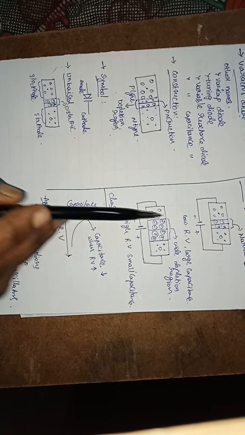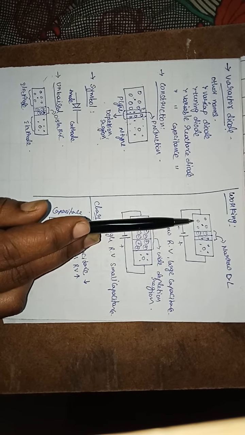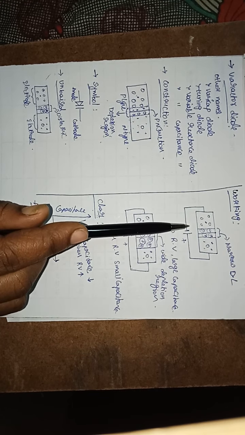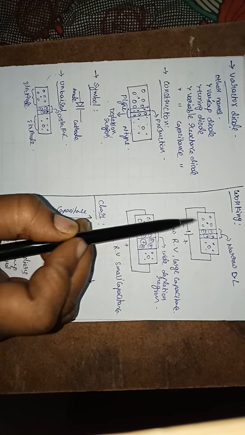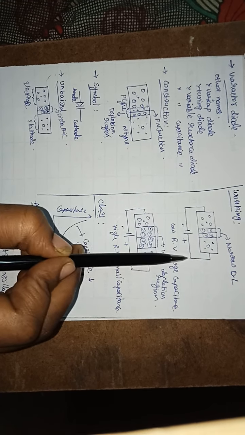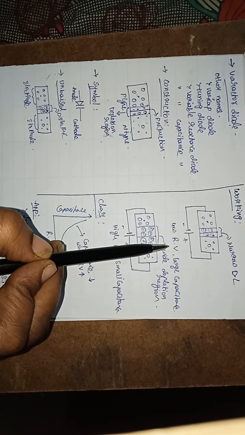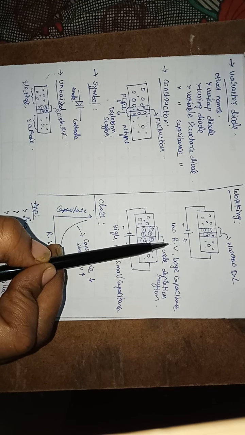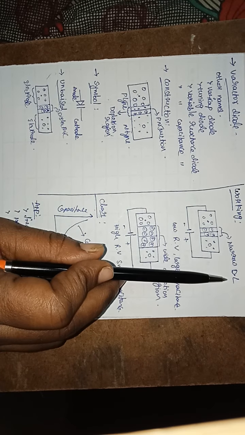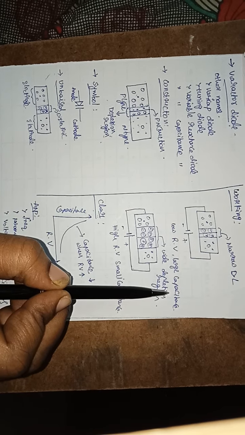Coming to the working of the varactor diode, it works only in the reverse biasing condition. Whenever we connect the p-type material to the battery's negative terminal and the n-type material to the positive terminal, what will happen? If there is a low reverse voltage, then the width of the depletion layer will be decreased, so the capacitance will be increased.